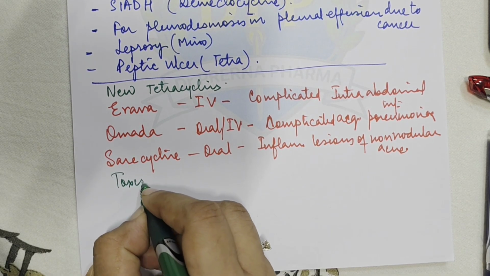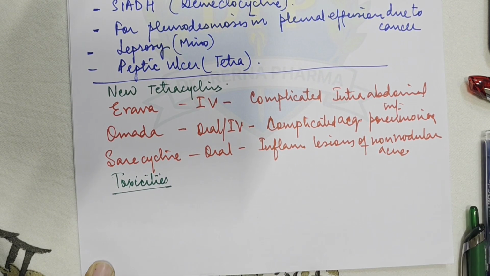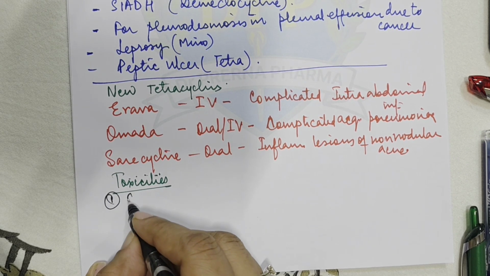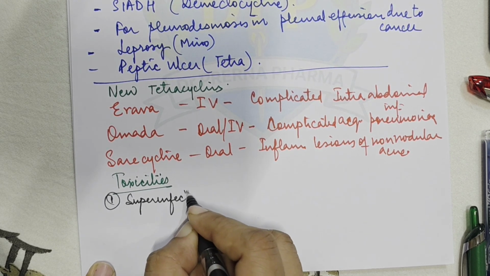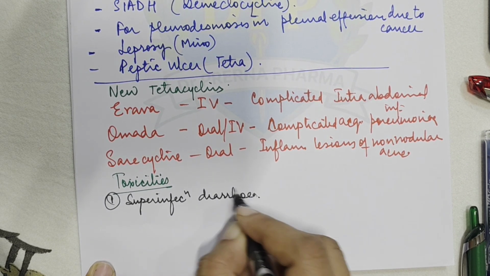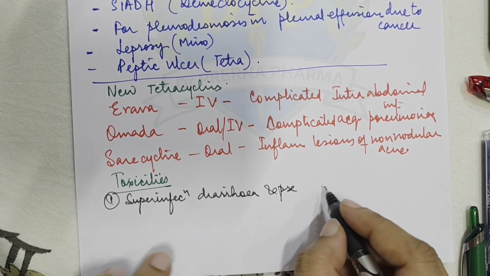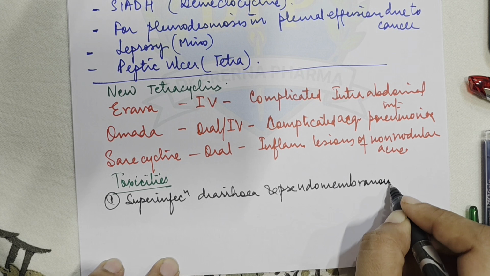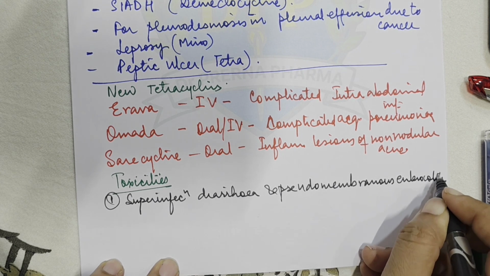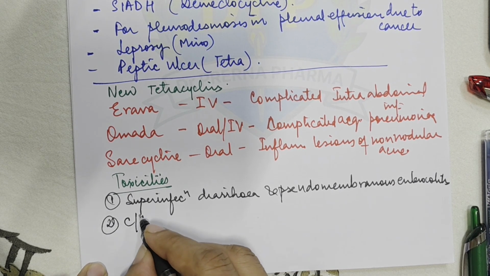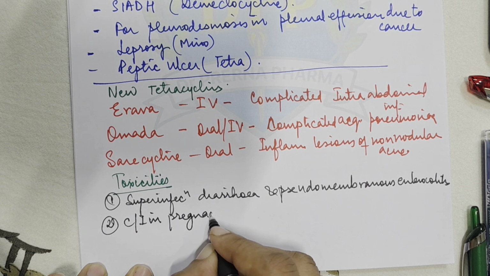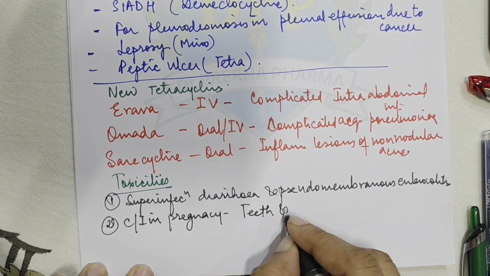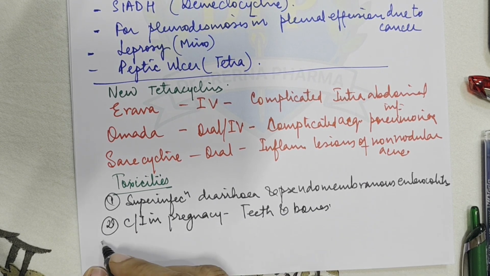Coming to the toxicities of tetracyclines. The first toxicity is that it can result in superinfection, diarrhea, and pseudomembranous enterocolitis, right? Then it is contraindicated in pregnancy because it affects the teeth and bones of the fetus.